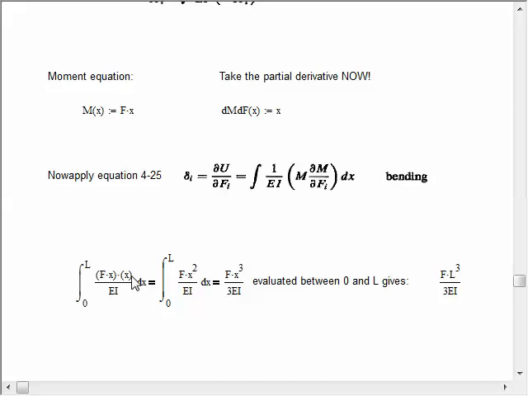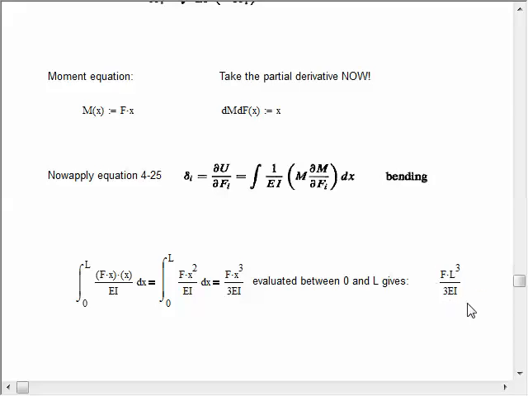All of this is over EI, integrating dx, and we're of course integrating 0 to L. And this becomes, when I multiply Fx times x, I get Fx squared in the integral, and then the integral of Fx squared over EI is Fx cubed over 3EI. I'm going to evaluate this term between 0 and L, and that's going to give FL cubed over 3EI. It's exactly the same deflection that we got in the earlier Castigliano.